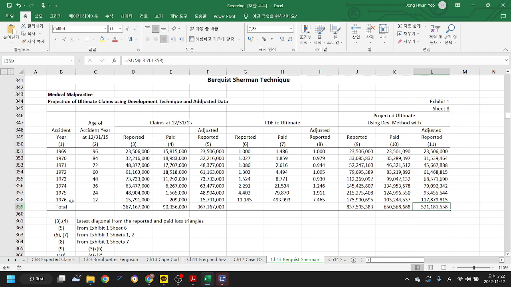When you look at the accident years here, 1976 is the most recent one. So probably it takes a couple of years or a year later to publish that paper. So this is the first adjustment that I would like to share with you.